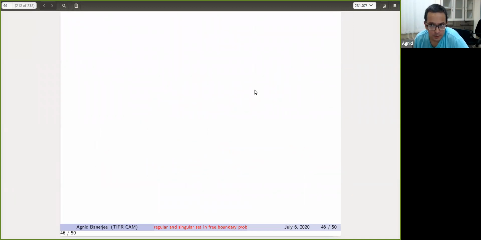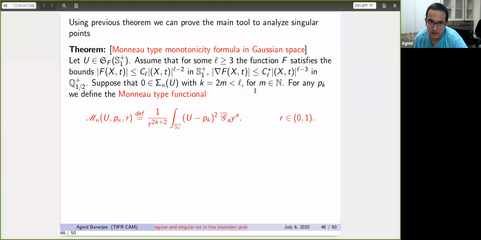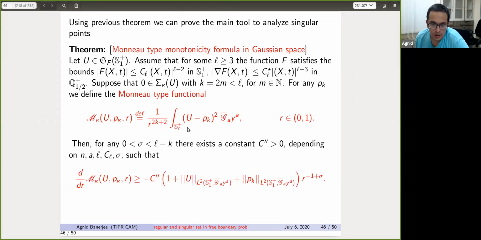The other monotonicity that you also need is the so-called antiderivative of Weiss, the monneau monotonicity. Here you have a global solution to the obstacle problem, and if you look at this scale invariant quantity near such points, then this quantity is monotone. Unlike Weiss, Monneau gives you information on the rate at which the homogeneous scalings converge to the blow-up limit.